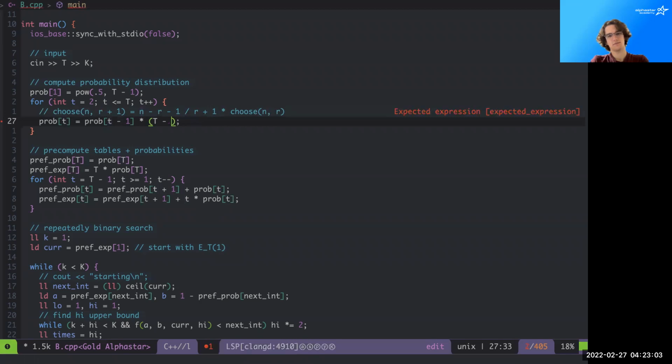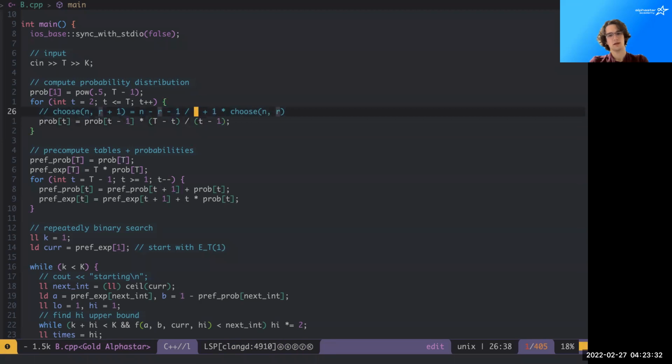Wait. So we're adding 1 to t. So t in this case is now 1. Something like that. Is it? Oh, because t minus 1 is our current r.